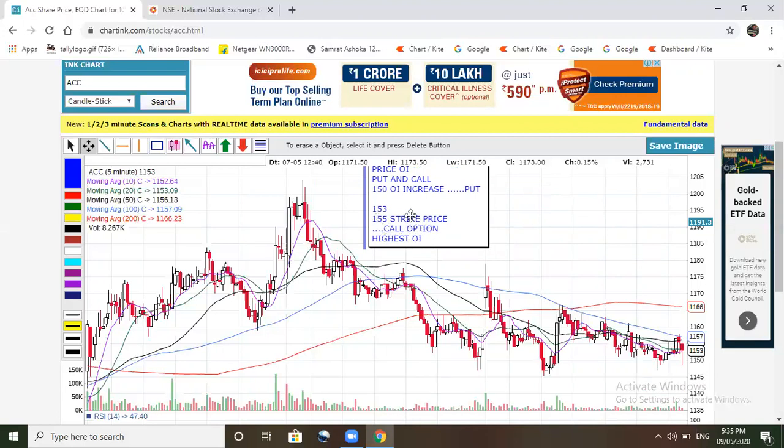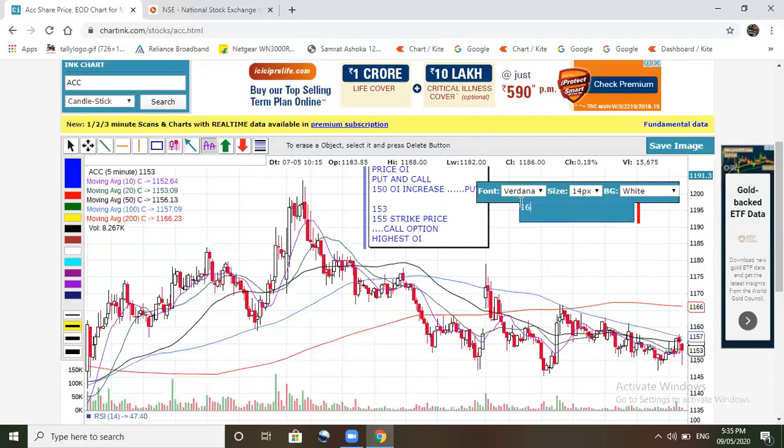You observe in the option chain that the OI has increased recently and its price has also increased. You will say that obviously at 155 also players are buying this strike price, which means the stock will cross 155.